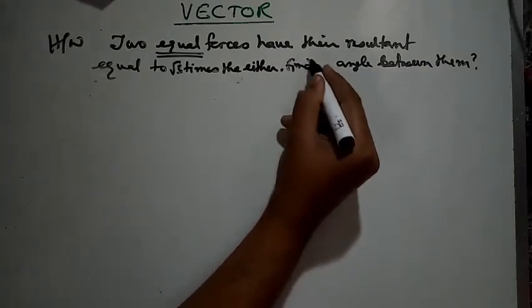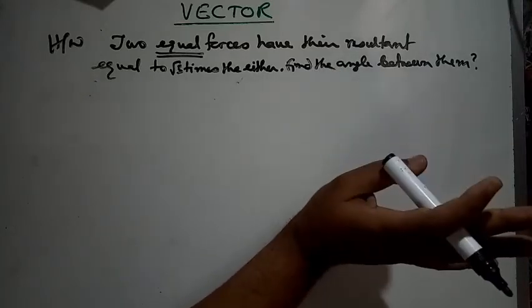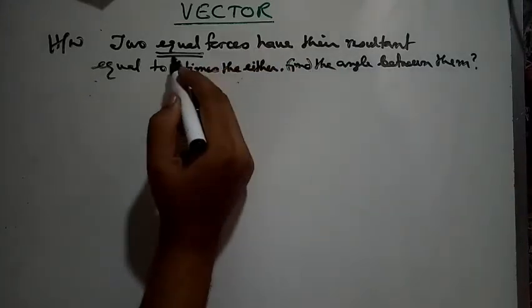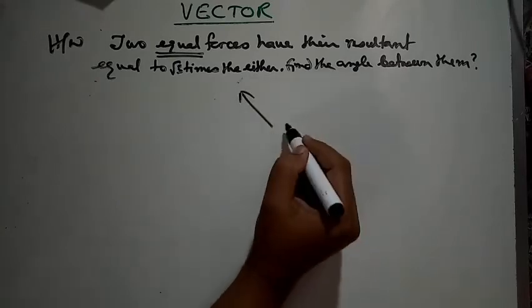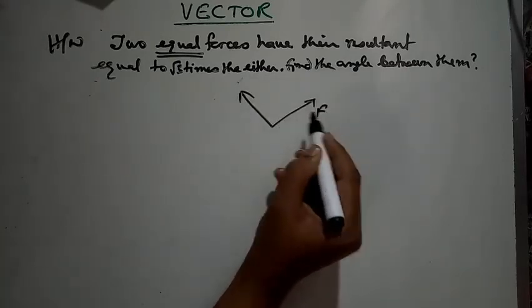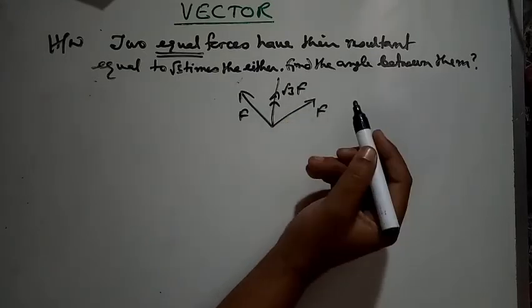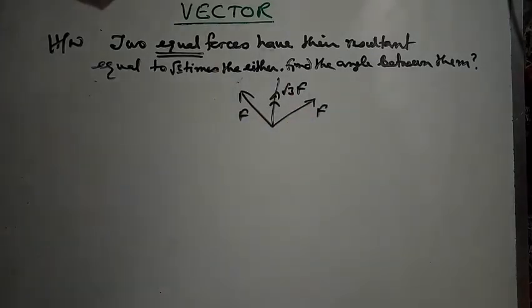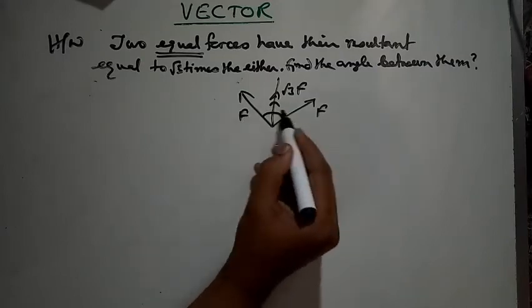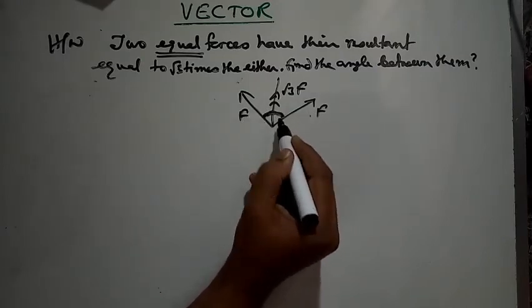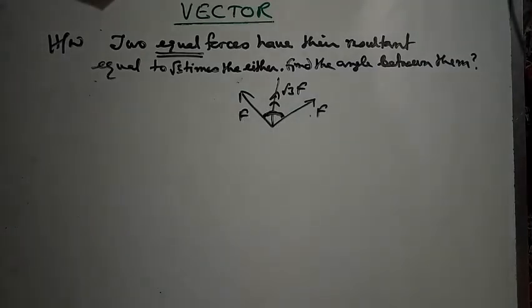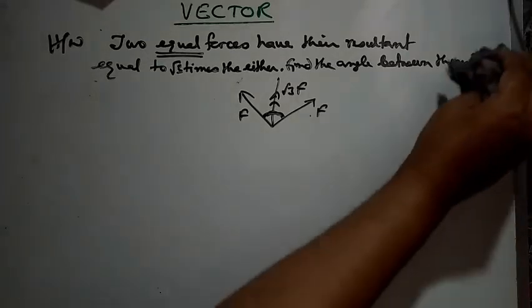Find the angle between them. Nothing else. Two equal forces, say this is F, this is F, but the resultant is √3 F. Now you need to find out the angle between F and F, the initial inclination of the two vectors. Great. You'll do it yourself and submit.